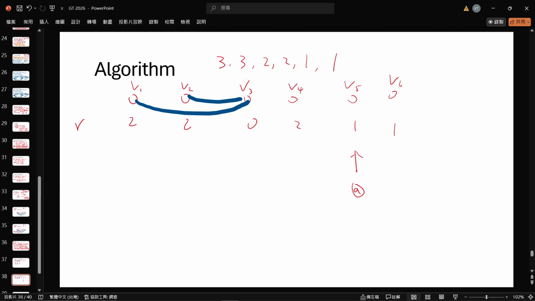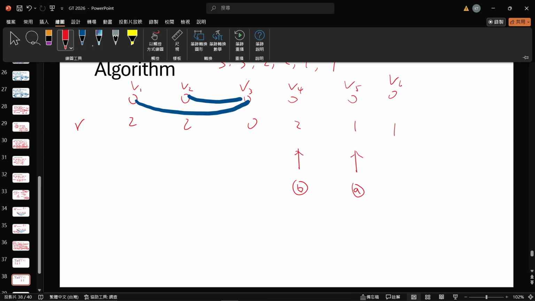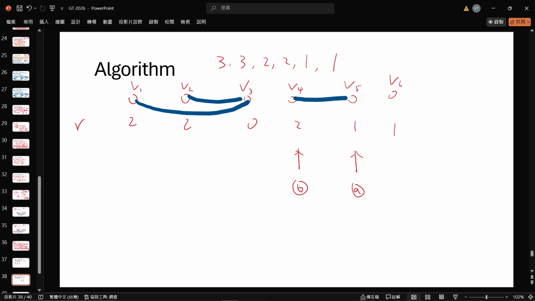Here we have a tie. V1, V2, and V4 all have the highest degree, so we can choose any one. For example, let's choose V4. Then we add an edge and we update the degree. So that's round 2 in the for loop.